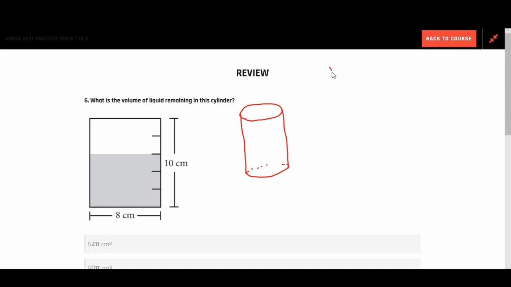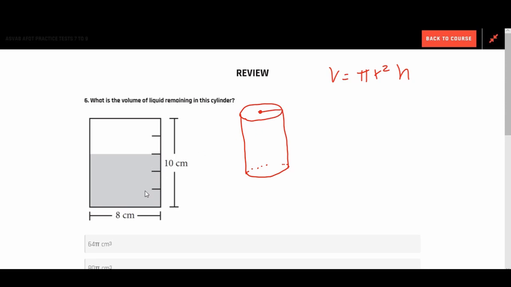Fortunately enough, it's pretty easy. It's volume equals pi r squared times height. That is, you find the area of this circle and multiply it by the height of the cylinder. So basically, area of a circle times height. That's how I remember volume.